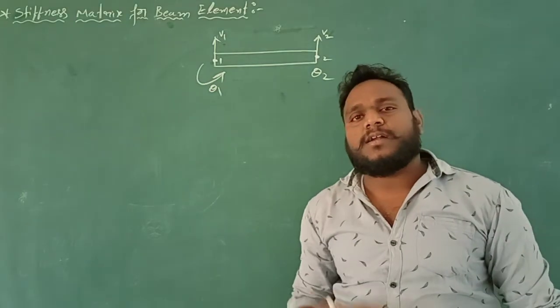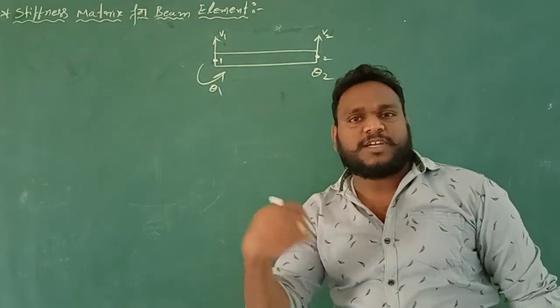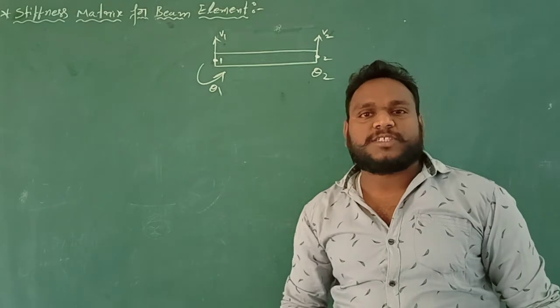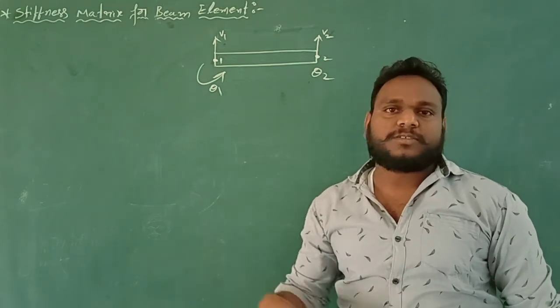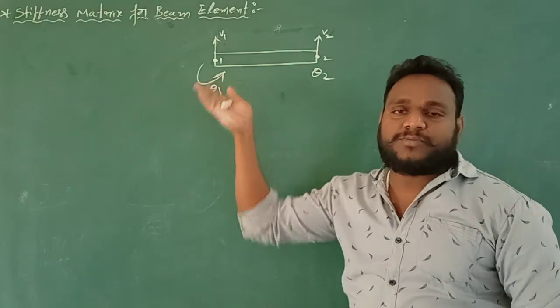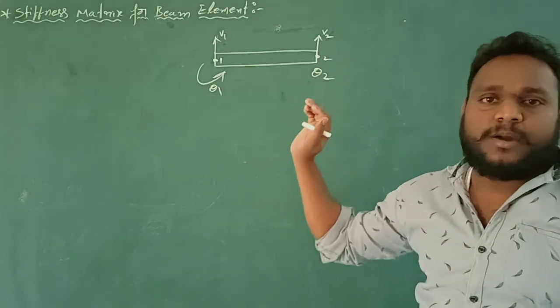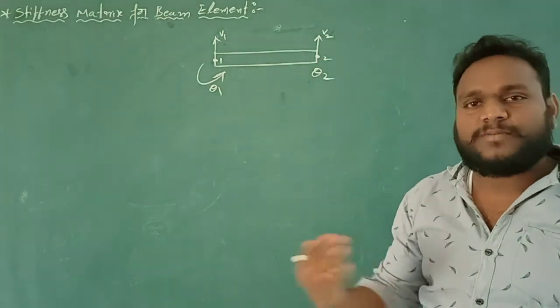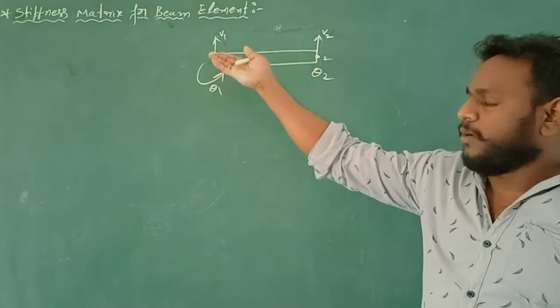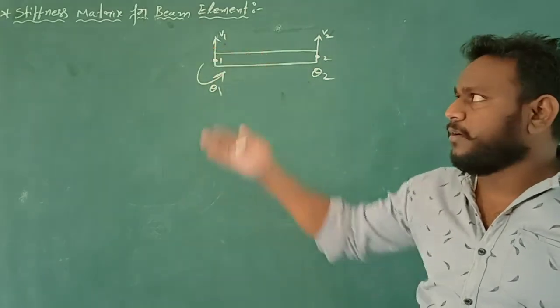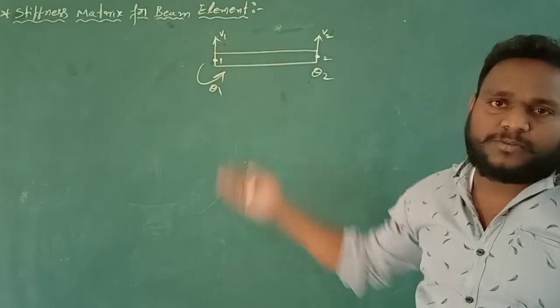I have already done a video on how to derive the Hermite shape functions, in the previous class. Please visit that video, and after that, see this complete stiffness matrix for beam element video.